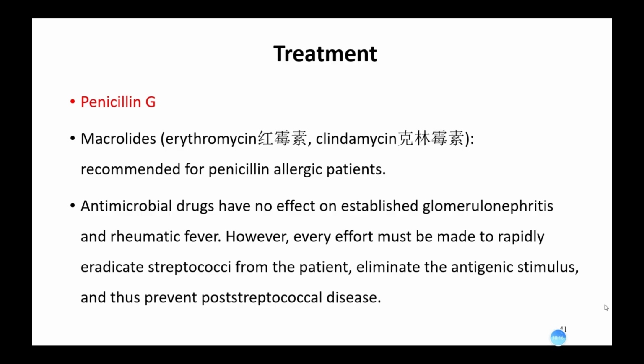If the problem is due to the post-infection disease, due to the immune response, antibiotics cannot work anymore. So you cannot use penicillin G to treat rheumatic fever and other post-infection diseases.